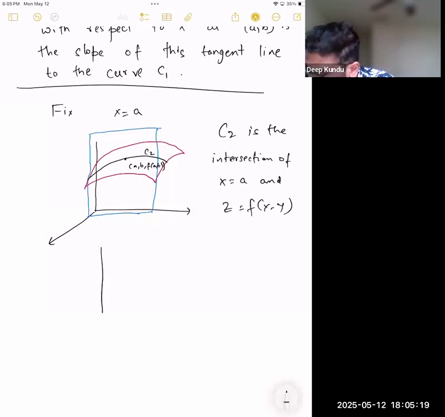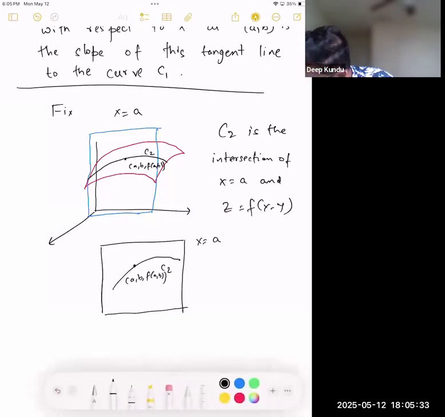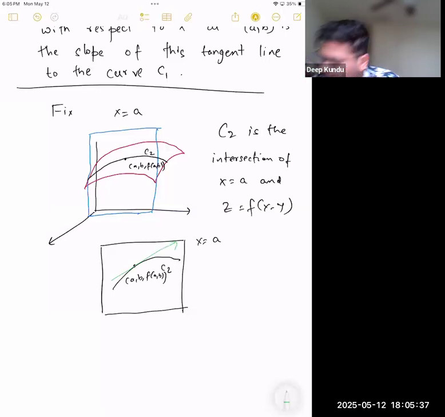So what's happening on the plane x equals a? We have this curve, which is C2. We have the point (a, b, f of (a, b)), and we can draw the tangent line at that point, right?